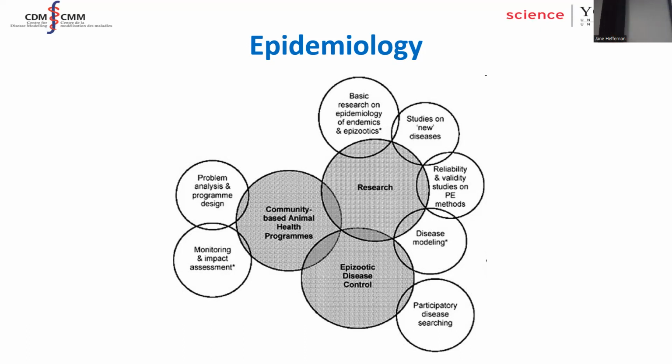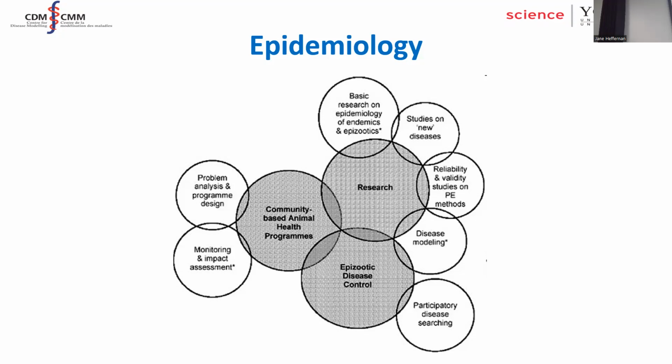Okay, so they have this Venn diagram of epidemiology, and they have research, epizootic disease control, and community-based animal health programs, so you can see the intersection. I don't know why there isn't a middle here. Okay, because you'd think that those three should have one common thing. But also the disease modeling is actually in the Venn diagram, but it's over here.